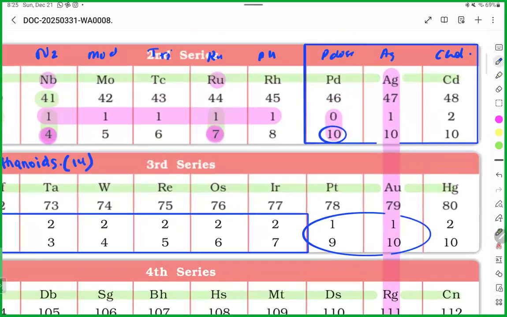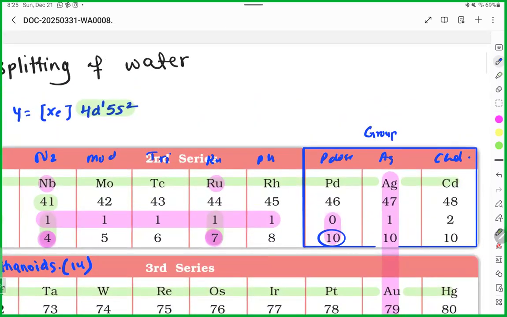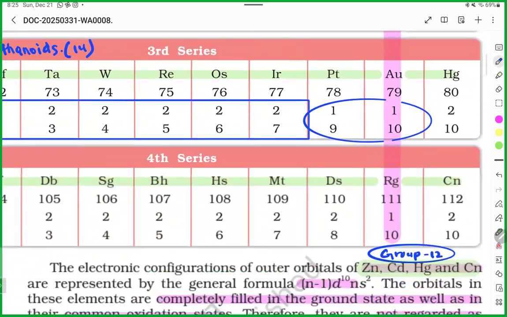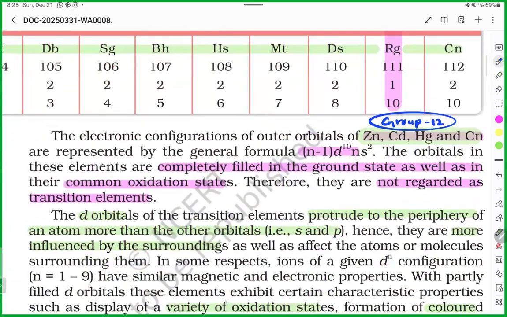These group 11 elements have d10 because they try to complete a fully filled orbital. And here, because their d subshell is fully filled, even in ionic form they don't have an incomplete d orbital. That's the reason why they are not regarded as transition elements. Same thing they wrote again. Any doubt?